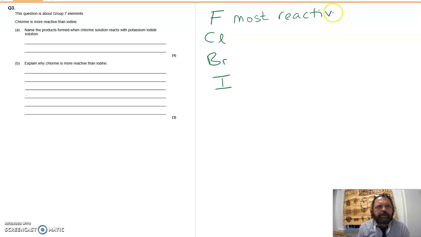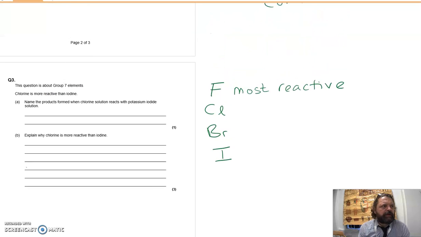So if I'm going to decide what happens in this part A, name the product, so that's what gets made when chlorine solution reacts with potassium iodide.